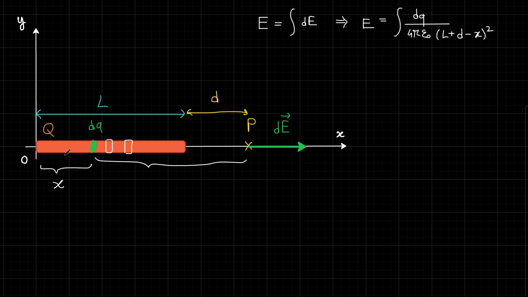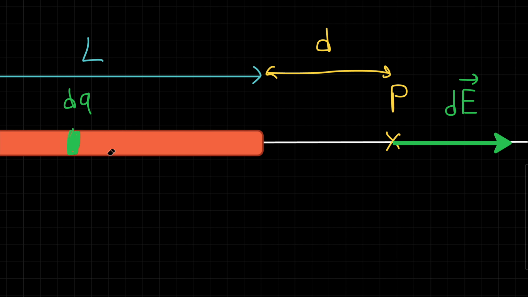So x is what changes as we move from one side of the linear charge distribution to the other side. So x will be our integration variable. Our next task then is to express dq in terms of dx. So how do we do that? Let's actually focus on dq a little bit, like this.